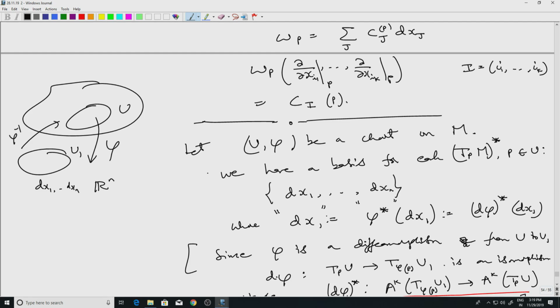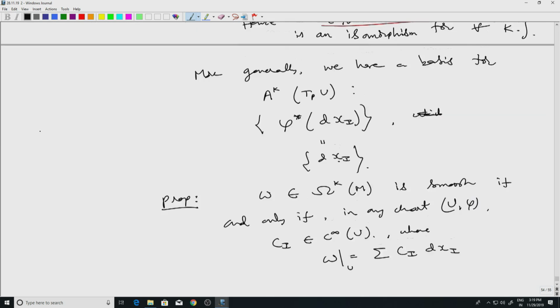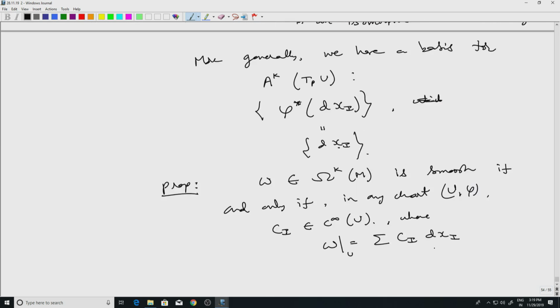And then this expansion of omega in this form, you will be applying d phi inverse star to everything here, and the way dxi was defined, when you apply phi inverse star, you will get the actual dxi on Rn, and then you will end up concluding C_I composed with phi inverse is smooth, and so on.